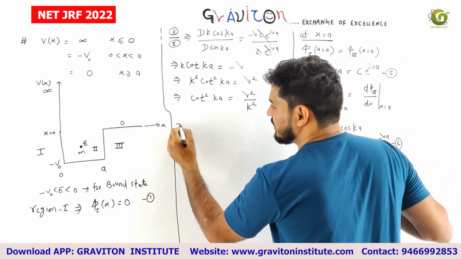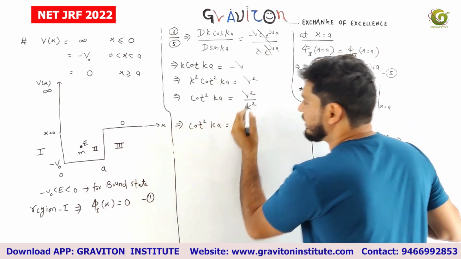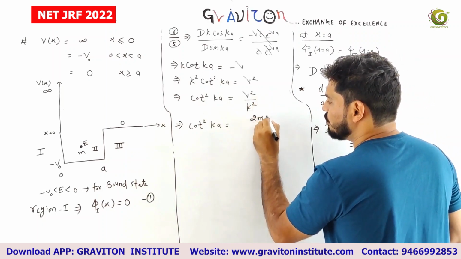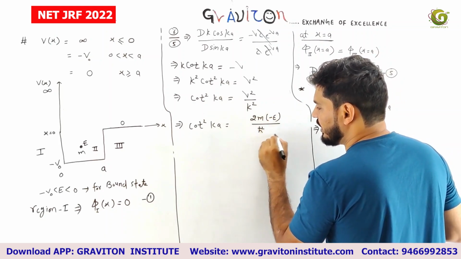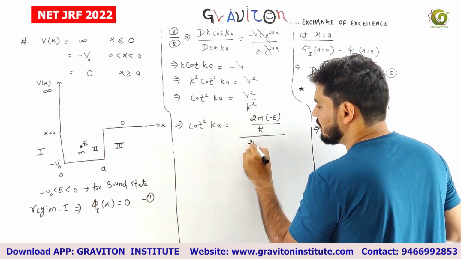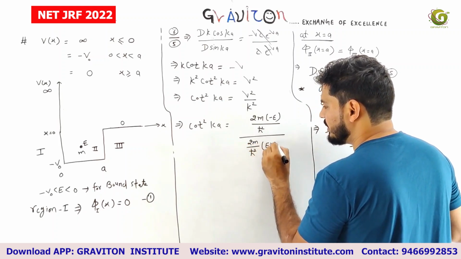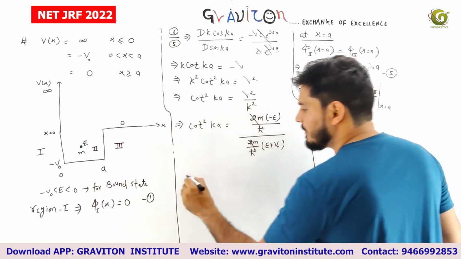So this will become cot square ka, and gamma square is 2m minus E divided by h cut square, and this is divided by 2m over h cut square E plus V naught. These two terms we can cancel.